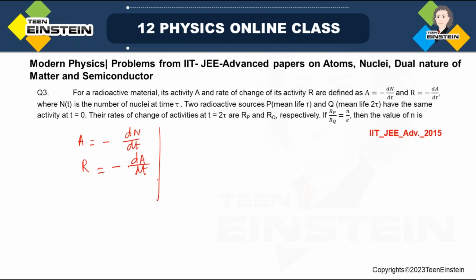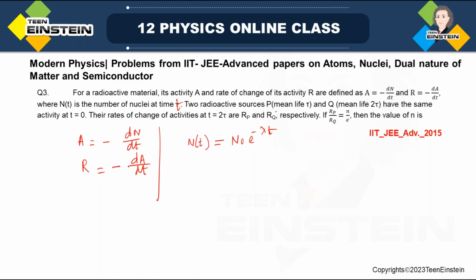Here N of t is the number of nuclei at any time t. How do we write this? We write it as N0 e to the power minus lambda t. This is how we write, isn't it?